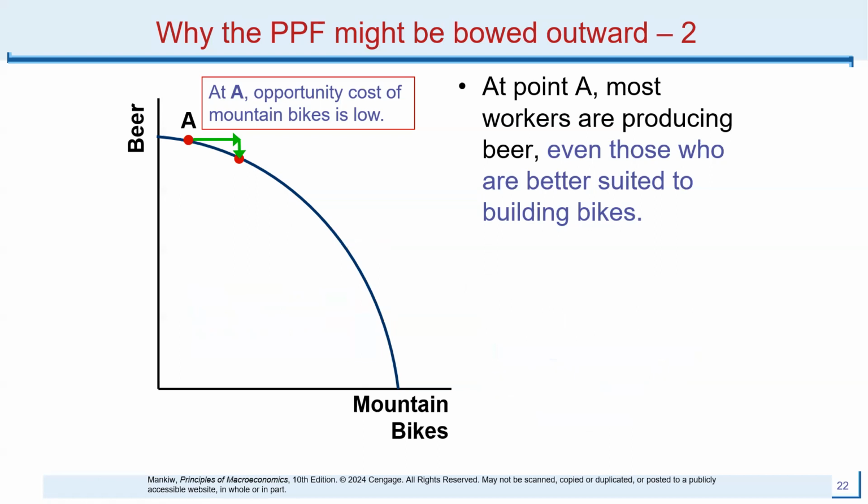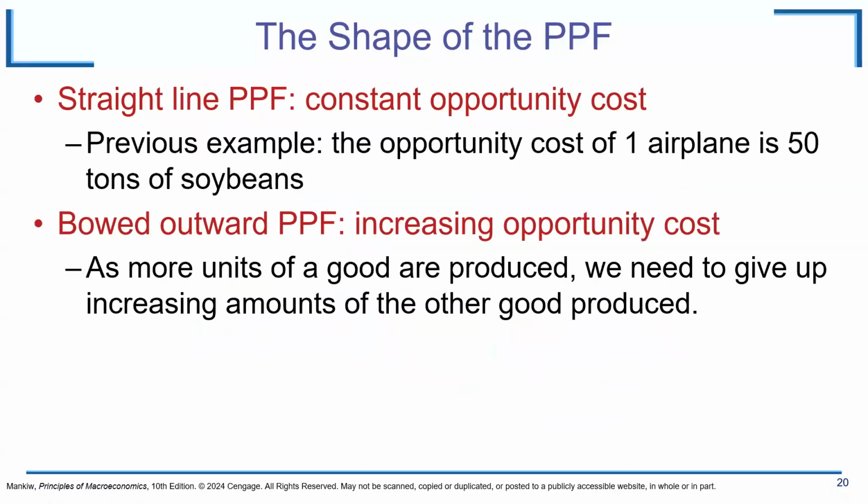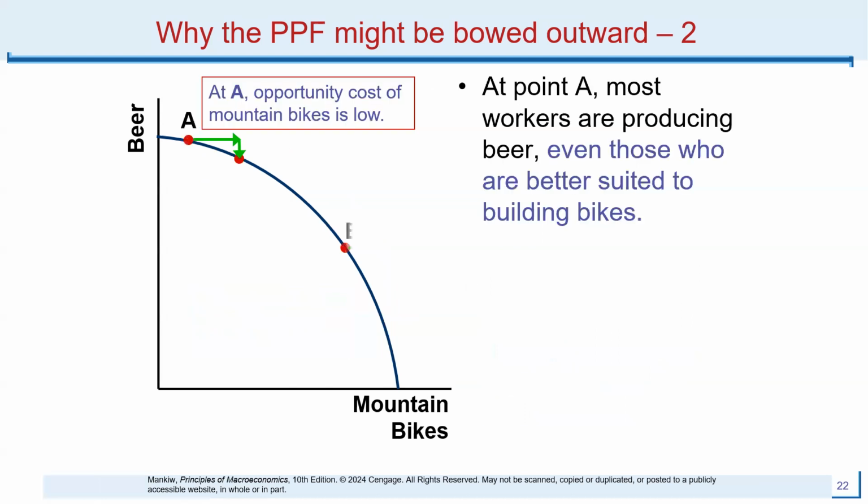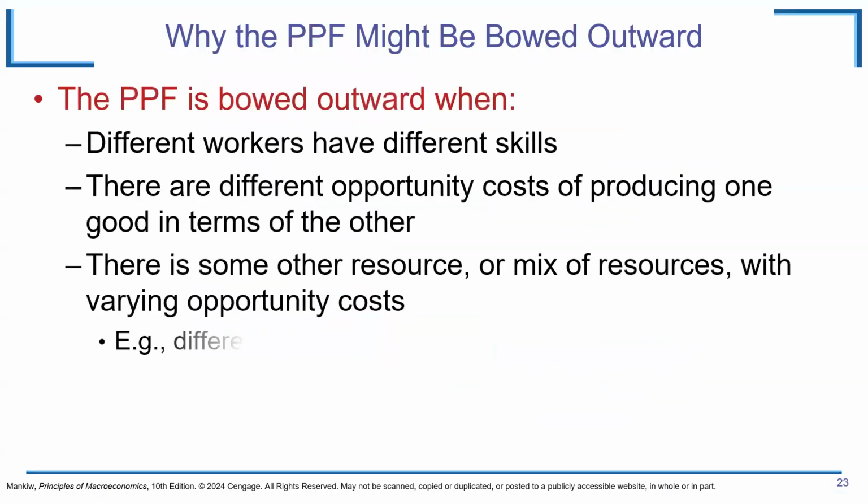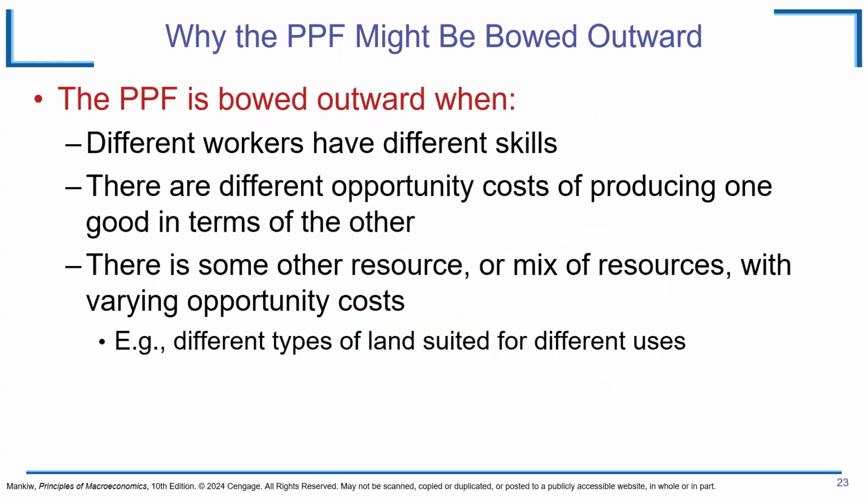So that will lead to this kind of bowed outward PPF. The PPF is bowed outward when different workers have different skills. Here we are not really considering one individual worker. Instead, we consider a group of workers. Each individual worker has different specialties in producing those two goods, so there are different opportunity costs of producing one good in terms of the others.